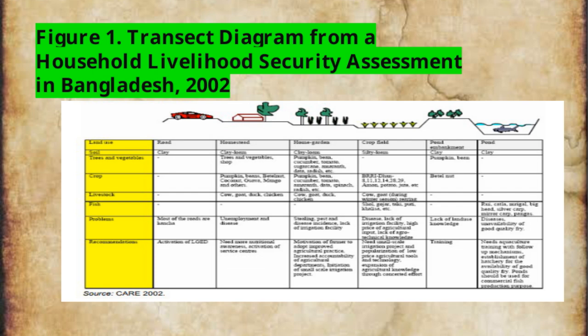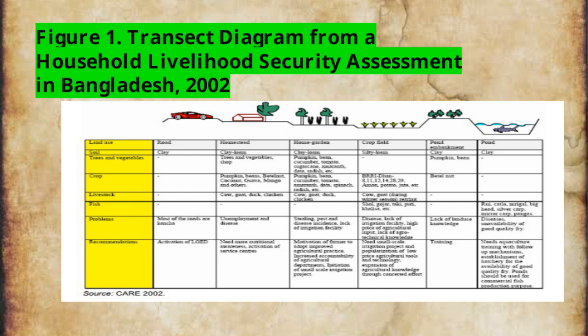What's important here is how it illustrates the interconnectedness of different factors, such as natural resources, income sources, and social networks, all working together to shape household resilience. By understanding this diagram, we can better see how households adapt to challenges and how their livelihood strategies are influenced by both internal assets and external shocks.